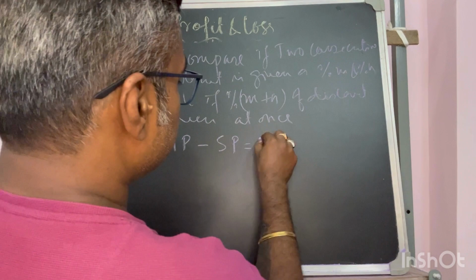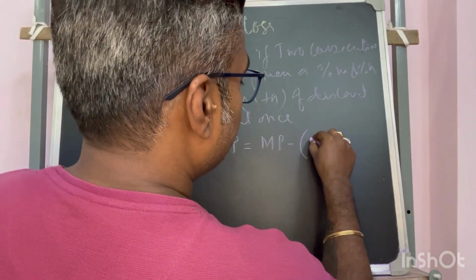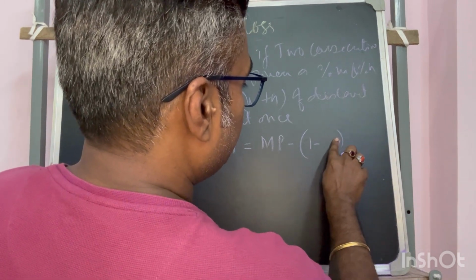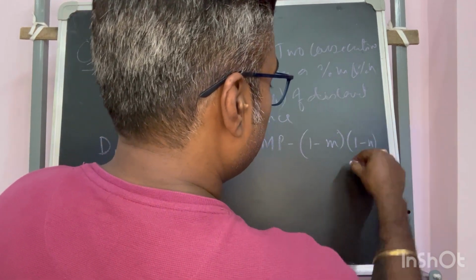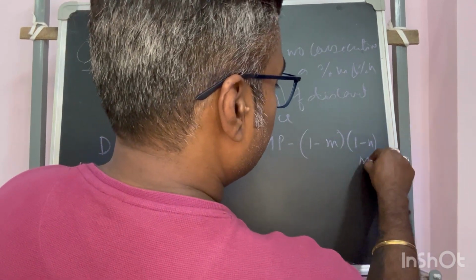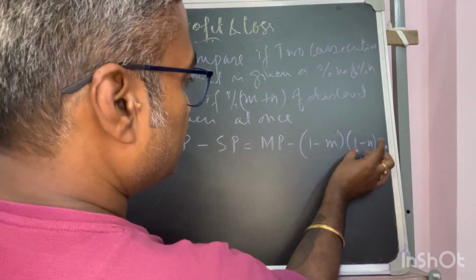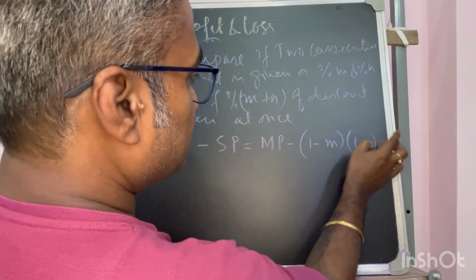Market price is fixed, sell price is that consecutive. I am giving 1 minus M. I am keeping it in fraction, not 100 upon, because that will help me to calculate less. It is 1 minus M.